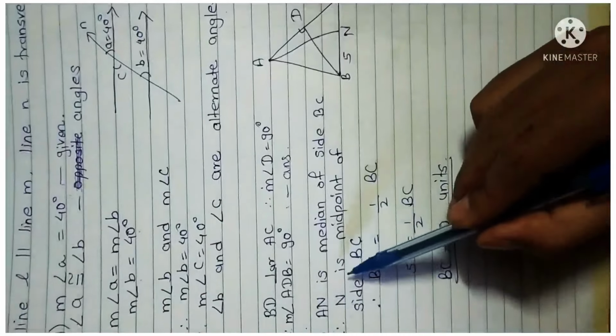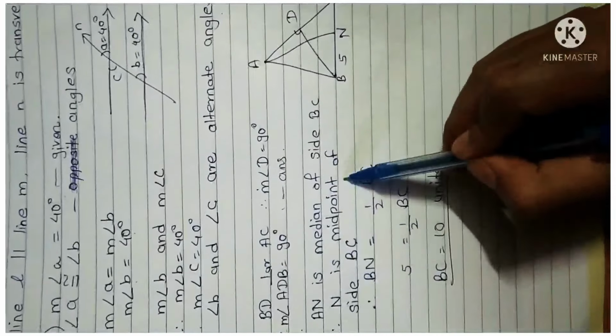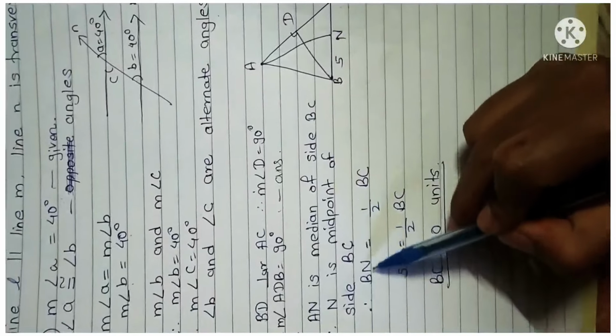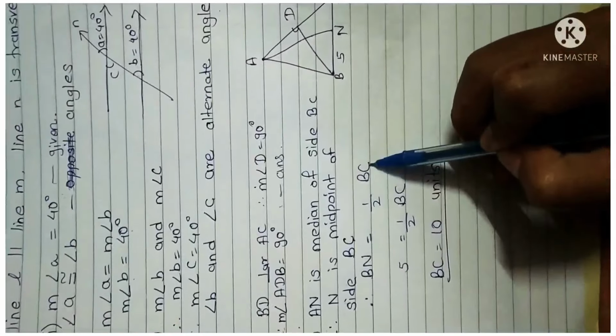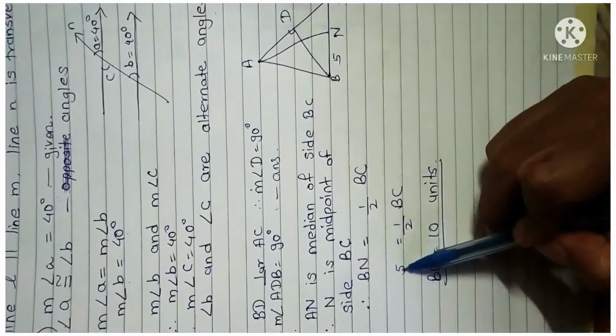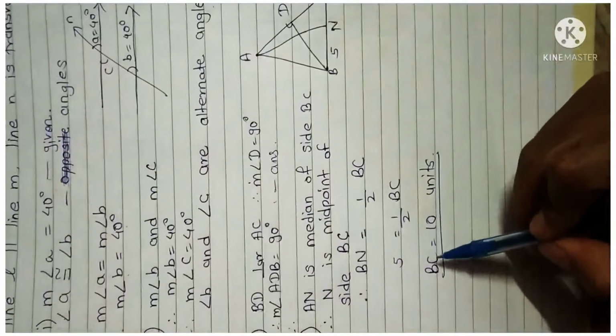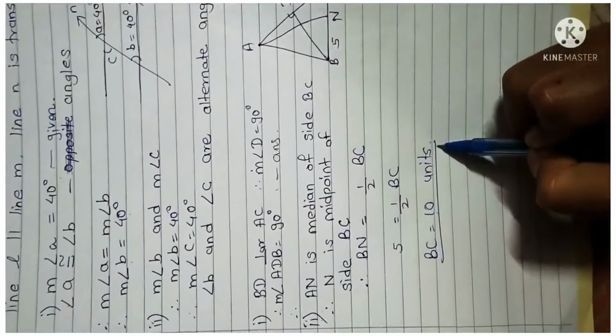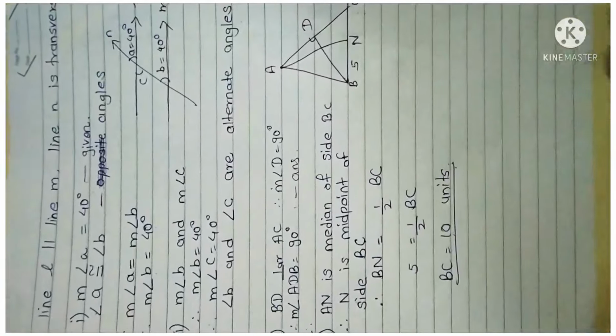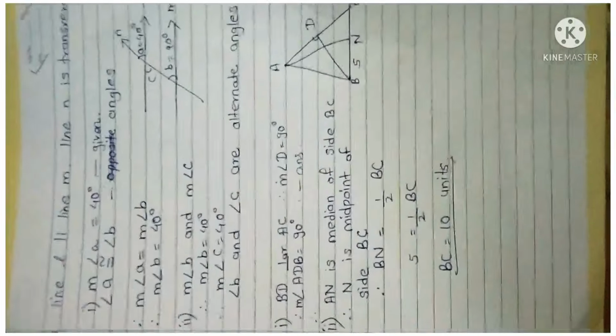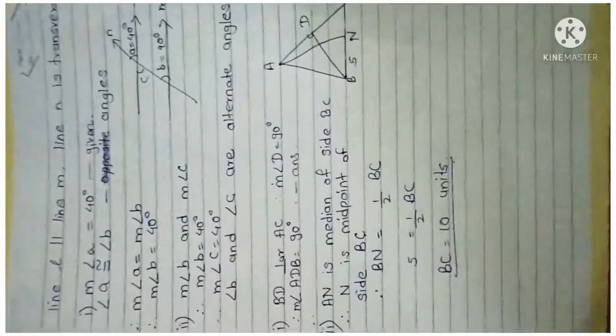So N is the midpoint of side BC, therefore BN is equal to 1/2 BC. Put the value of BN, that is 5 is equal to 1/2 BC. We get BC is equal to 10 units. So in this way we can solve maths test 1.